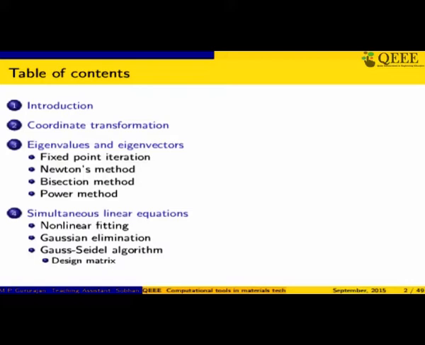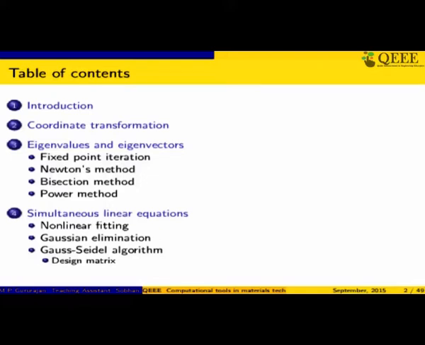The second problem that all of you might be very familiar with is eigenvalues and eigenvectors. So I want to show a few examples of uses of eigenvalues and eigenvectors in understanding some of the issues in material science and engineering.